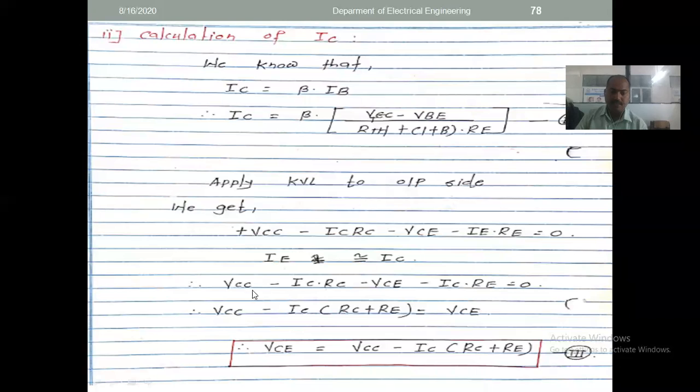Now VCC minus IC common, RC and RE, so IC into bracket of RC plus RE equals VC. So VC equals VCC minus IC into bracket of RC plus RE. This is how we calculate VC.